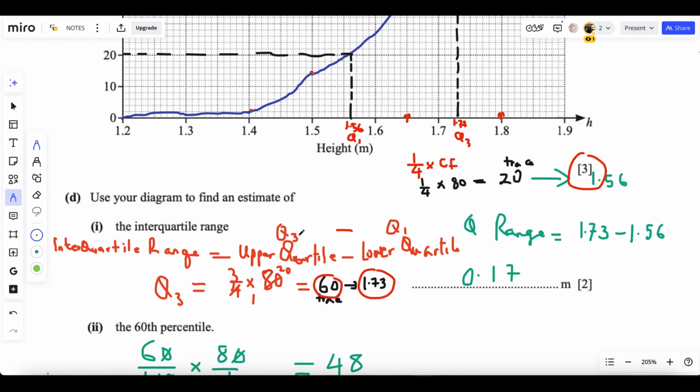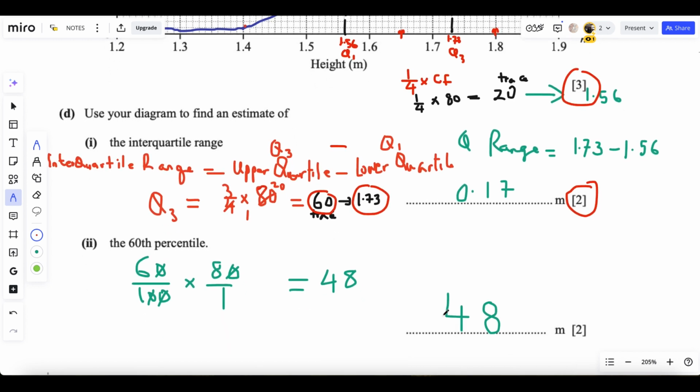Our Q3 is 1.73, minus Q1, 1.56, which gives us 0.17 meter. You get 2 marks for being able to do this question.